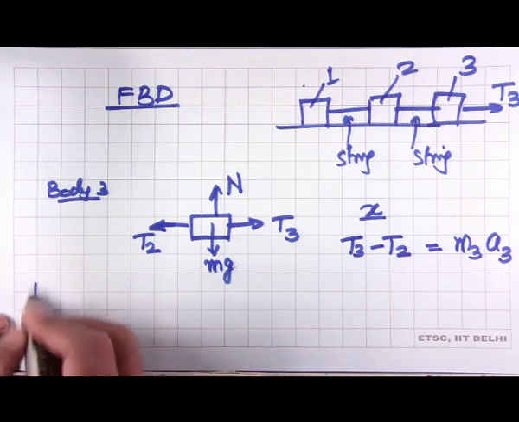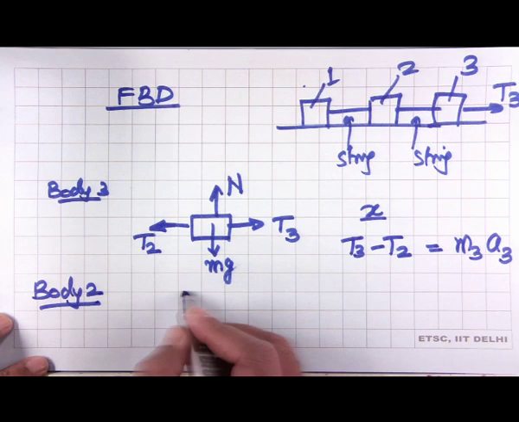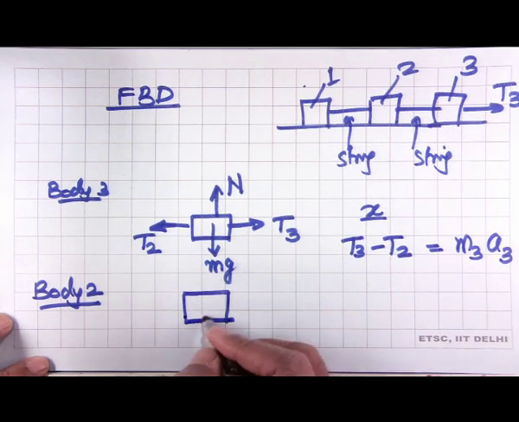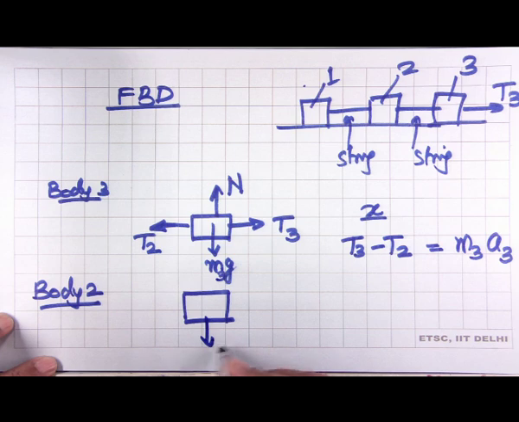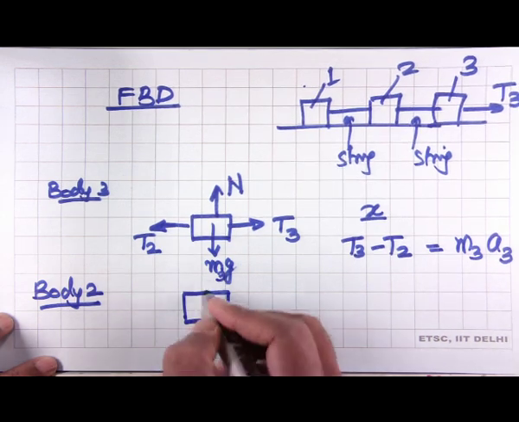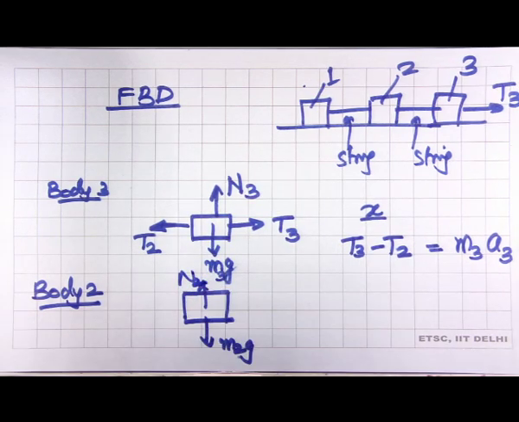Now, let us draw the free body diagram of body 2. This is body 2, we have the weight of body 2 acting, M2G, and there is a normal reaction N2.